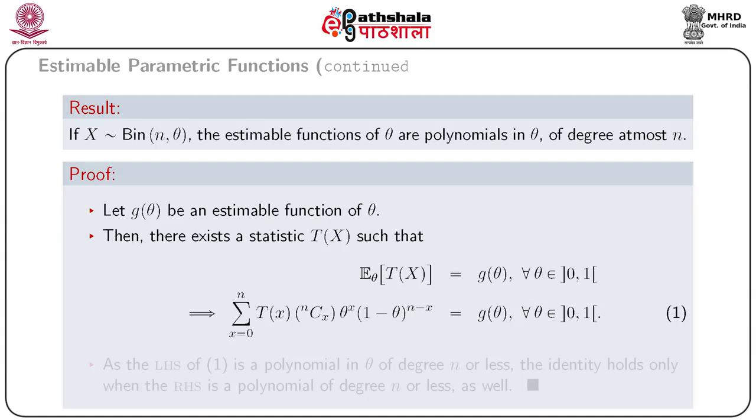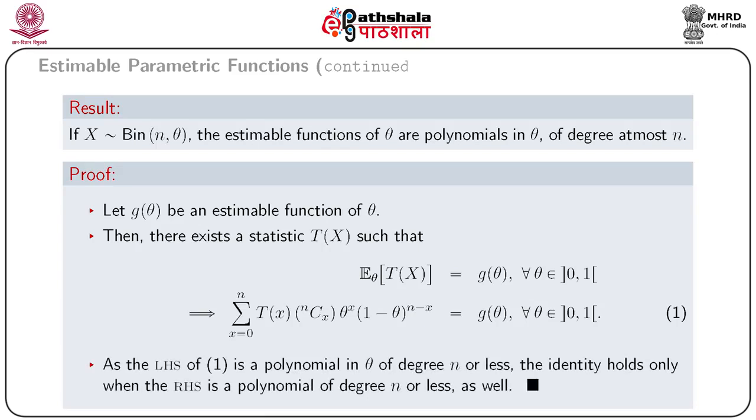Then there exists a statistic T such that expectation of T under theta equals g theta for all theta belonging to the interval 0, 1, which implies summation over x from 0 to n of T(x) into nCx into theta to the power x into (1 minus theta) to the power n minus x equals g theta for all theta belonging to the interval 0, 1. We write this equation as 1.